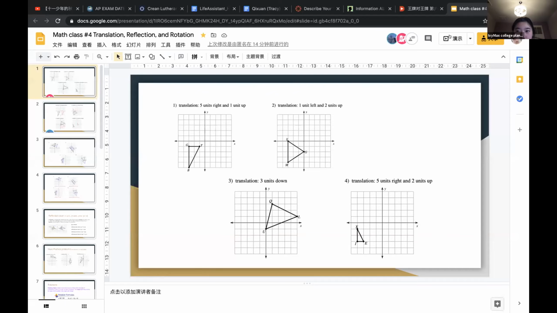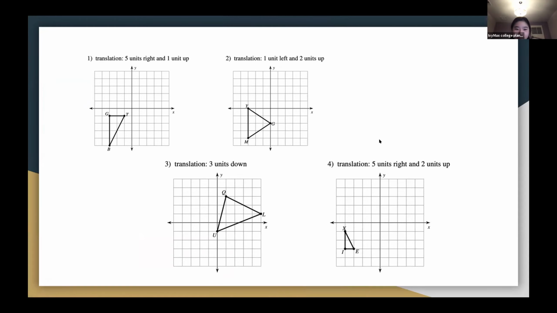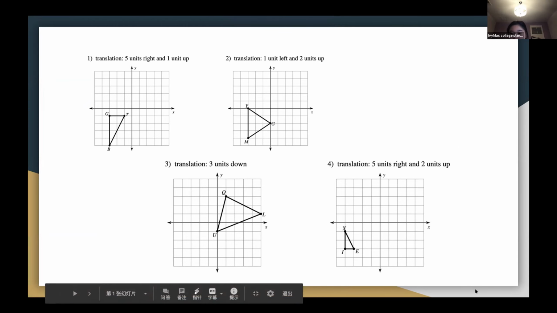So this is our practice problem, like word review problem. So let's do a couple questions together and you can do it by yourself after.